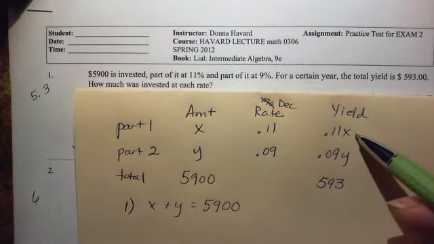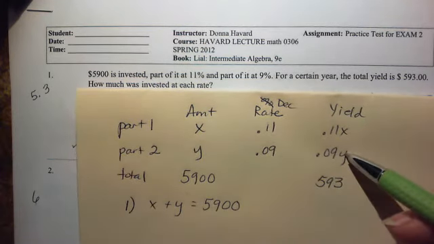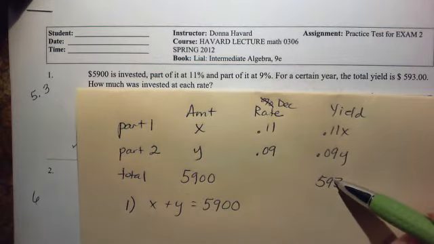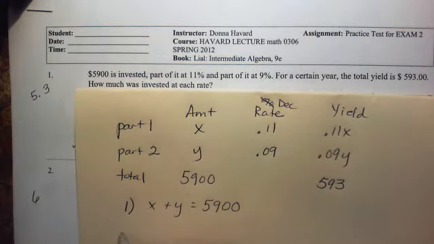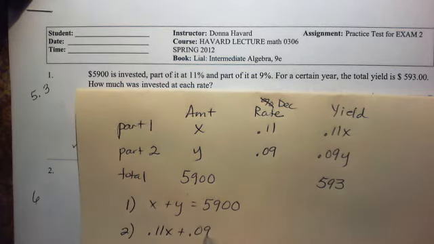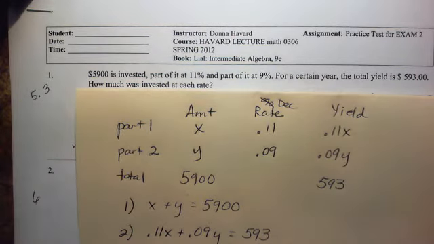And do the two interest amounts add for the total interest? Yes, they should. So equation 2 is 0.11x plus 0.09y is equal to 593. So now we have two equations that we can work with.